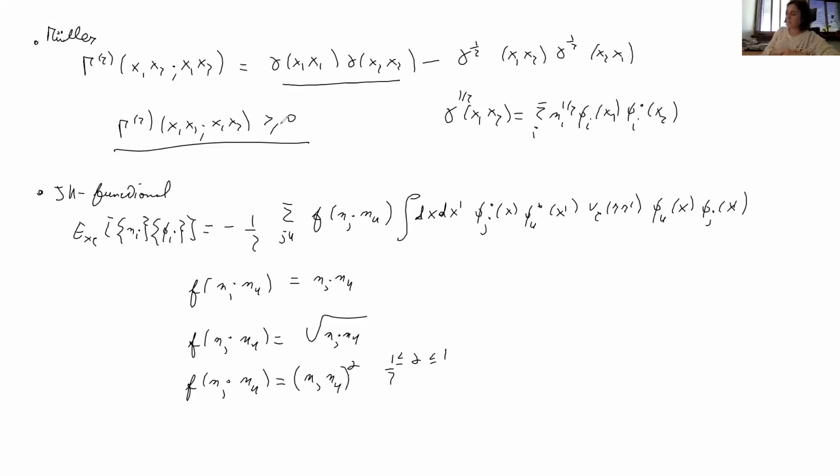There were other corrections, such as removing self-interaction, which was done by Buijse and Baerends. They improved the Müller functional, making a separation between weakly and strongly occupied orbitals and between bonding and antibonding. So you can do many things as variations and improve the results.